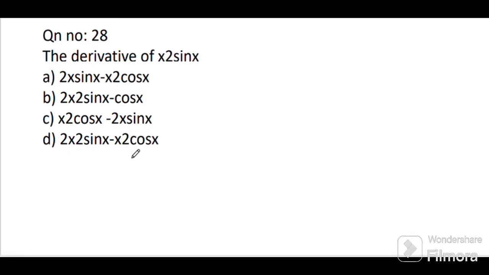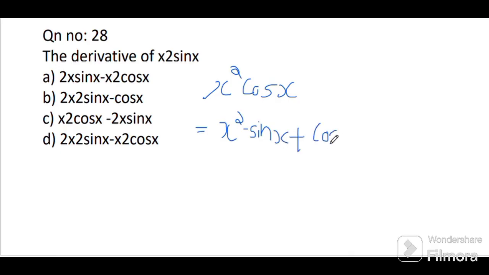Question number 28. There is a little mistake. The question is the derivative of x square cos x. So we apply the product rule. First function into derivative of second, cos x, derivative is minus sin x, plus second function, that is cos x, into derivative of first function, x square, derivative of x square is 2x.